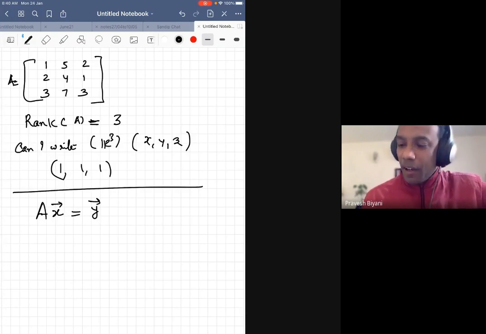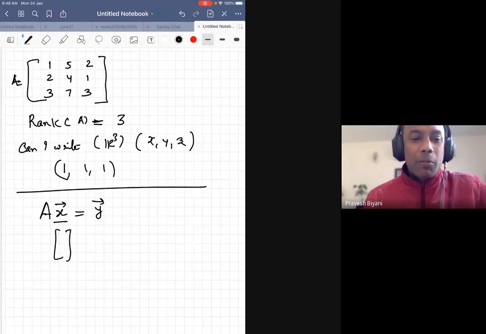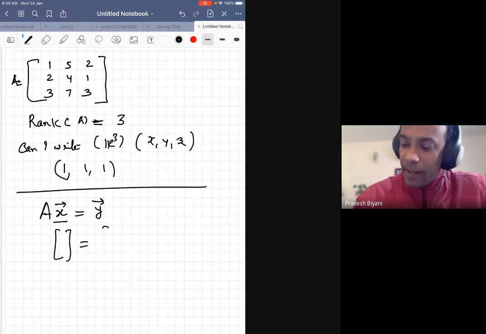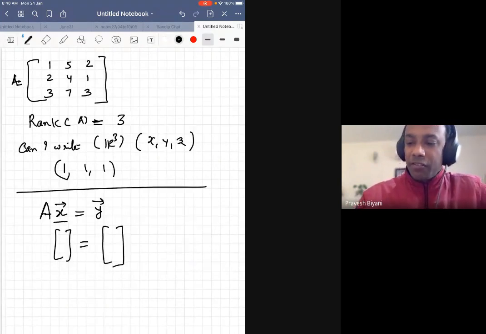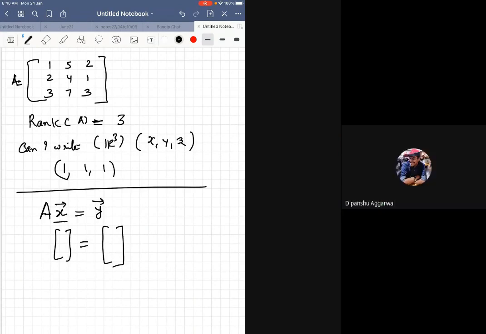Now, X contains the coefficients of the linear combination of the columns of A, and because of the dimension of the column space of A, what is the dimension of the column space of A? Raidu? 3. Yes, Raidu?